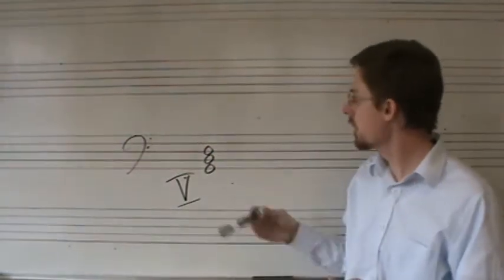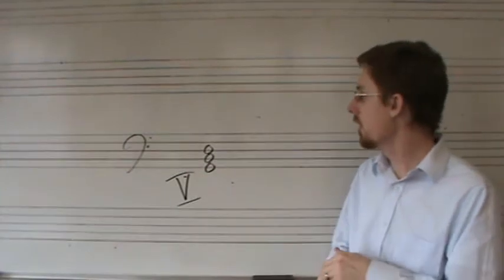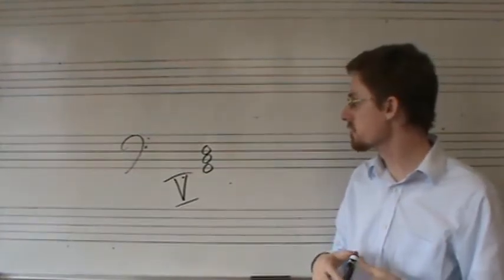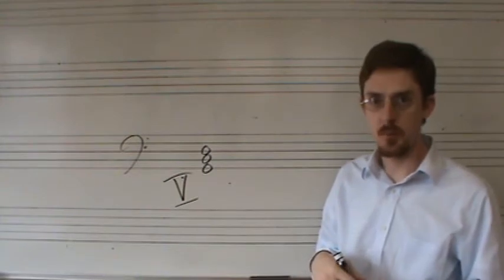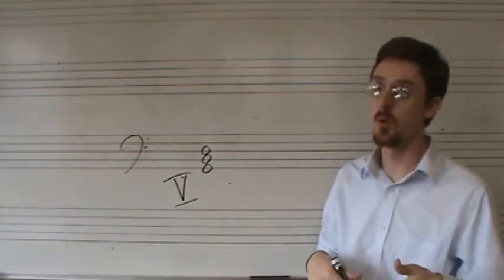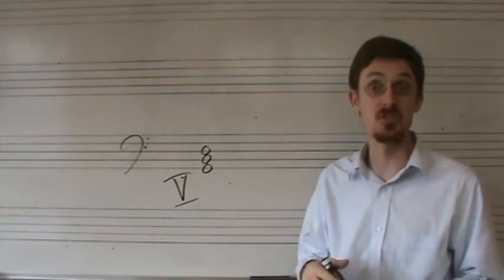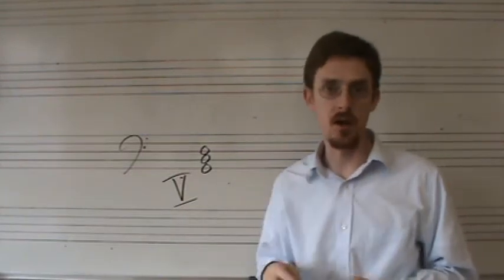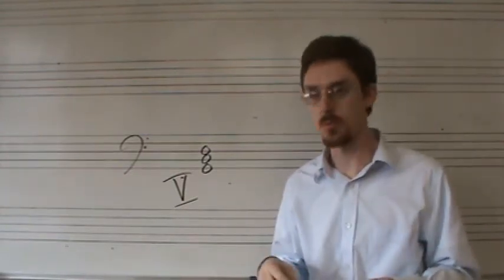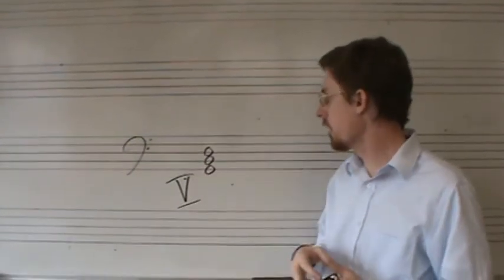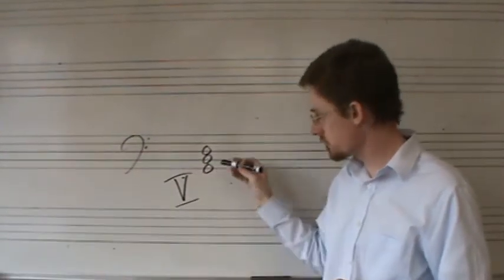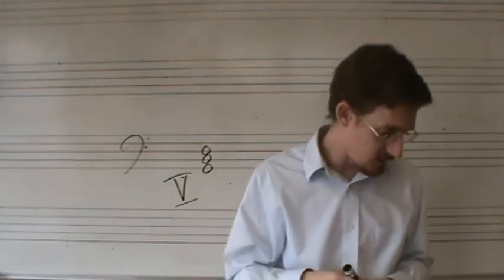Sol and ti are 2 of the most important solfege syllables in this scale. Sol establishes the dominant-tonic relationship, sol, do, and ti establishes do as the tonic by virtue of its half-step relationship with do immediately above it. So these are very, very important syllables, especially sol and ti.